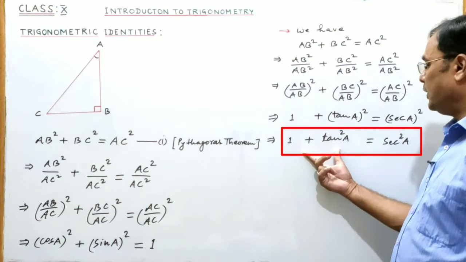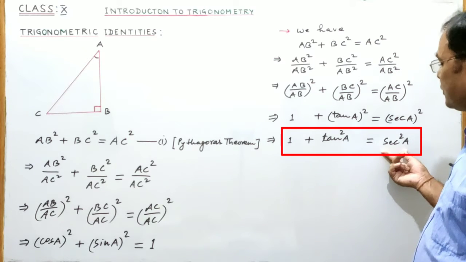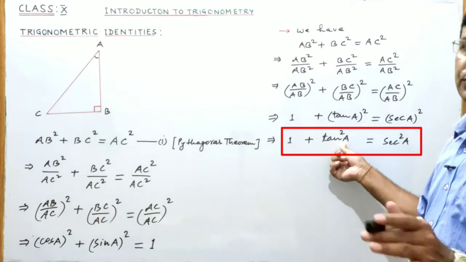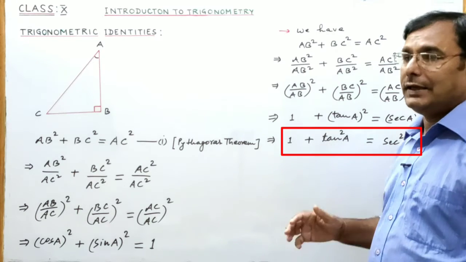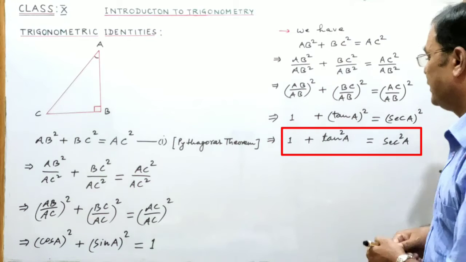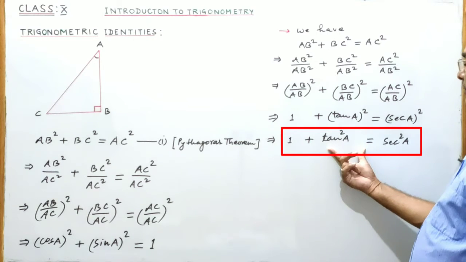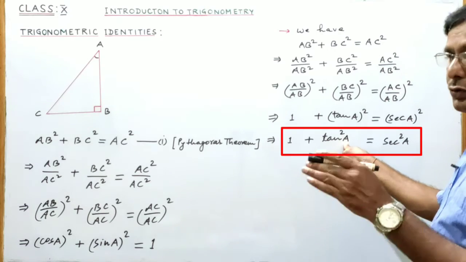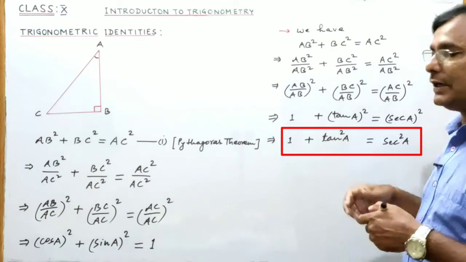Now this equation 1 plus tan square A equal to sec square A is true for all acute angles A from 0 degree to 90 degree except 90 degrees. So this is an identity for all acute angles A from 0 to 90 degrees except 90 degrees.